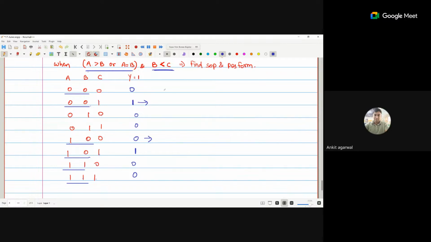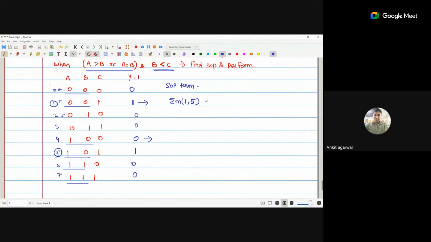Okay. Now, if you are talking about the SOP term, so SOP is sigma m 1, 5 because the rows are 0, 1, 2, 3, 4, 5, 6 and 7. So here the output is 1 and here the output is 1.